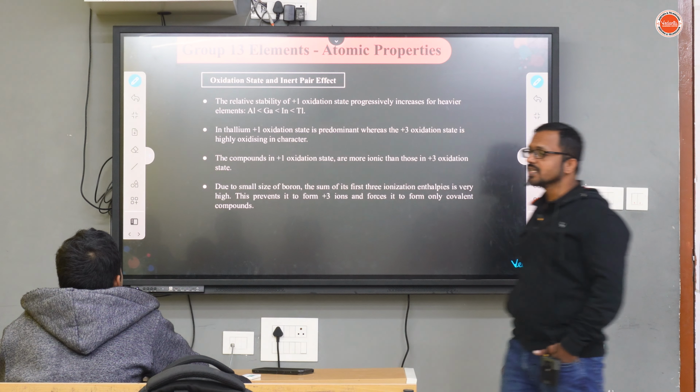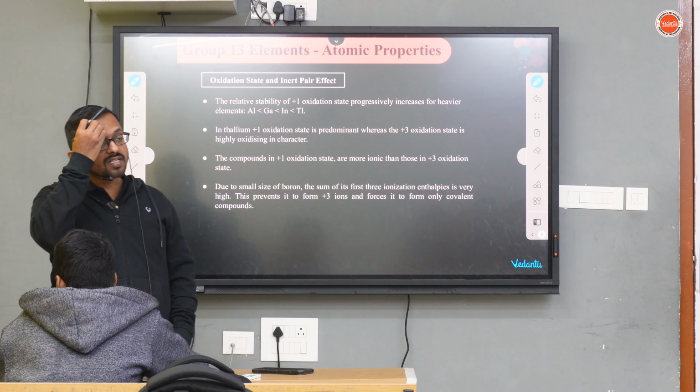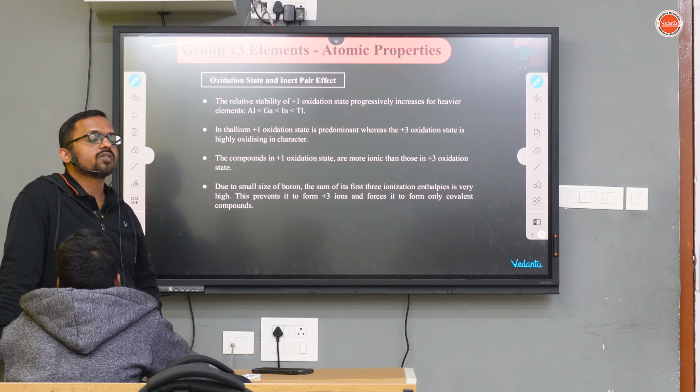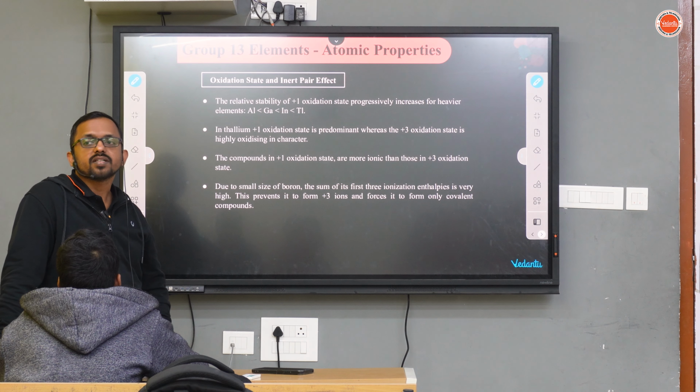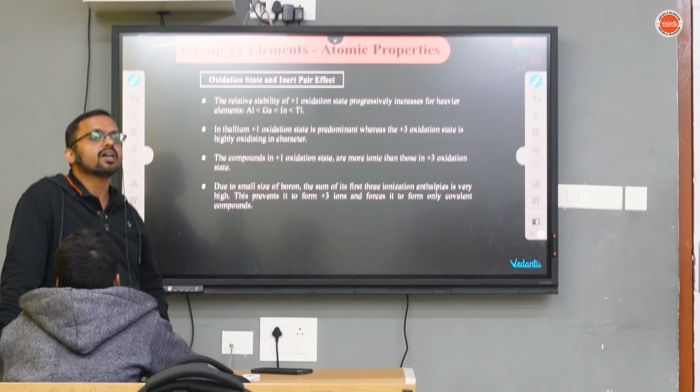So next one is relative stabilities. If you look here, +3 oxidation state stability top to bottom decreases, +1 oxidation state stability top to bottom increases. So if you look at thallium, +1 is more stable, but if you look at aluminum, +3 is more stable. So higher oxidation state stability decreases, lower oxidation state stability increases.